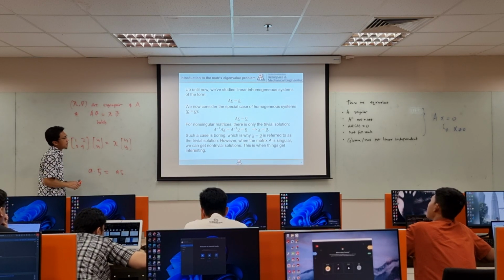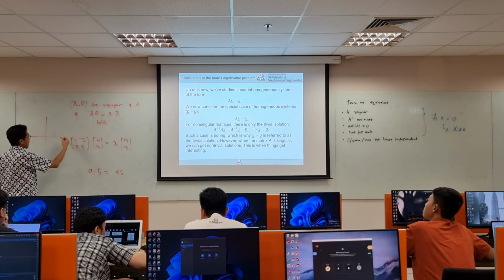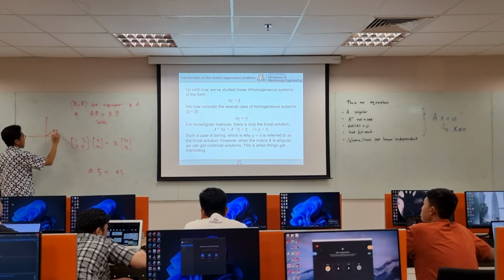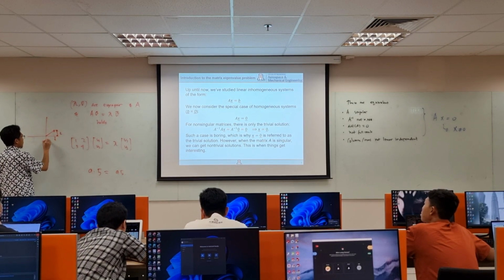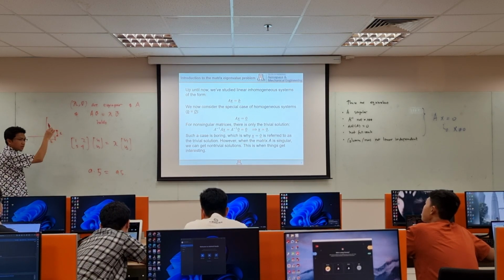For example, say we have an eigenvector of a matrix, 2 to the right and 1 above.